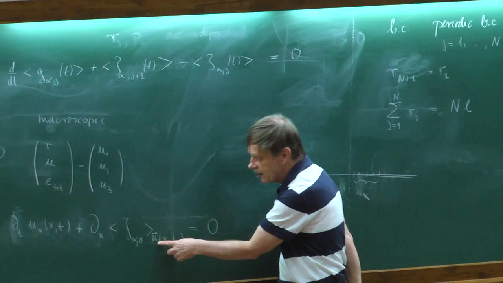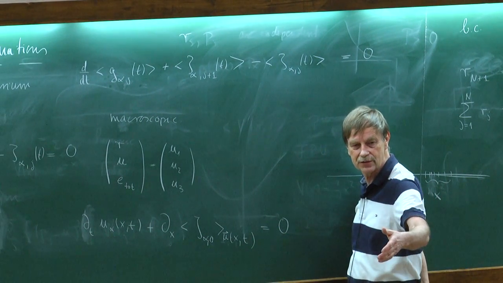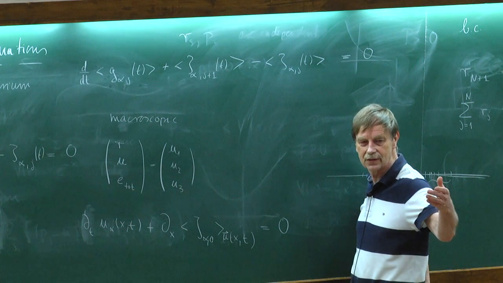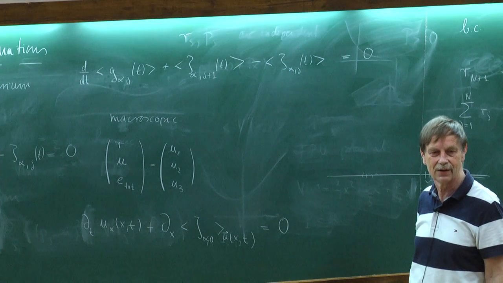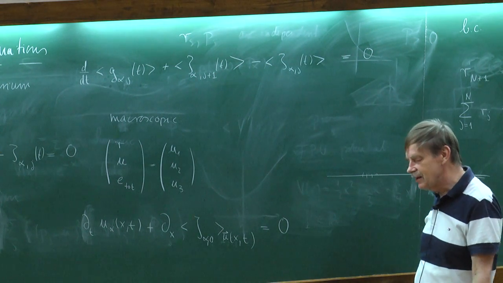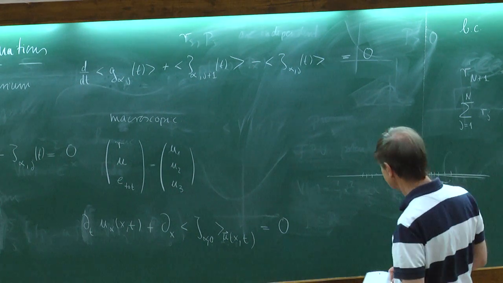Now in this equilibrium state, I have to compute the average current. This is a translation invariant state, so at which point I compute it doesn't make any difference. I can equally well compute it at the origin. So the 0 just means any point. Exactly, it just doesn't make any difference.